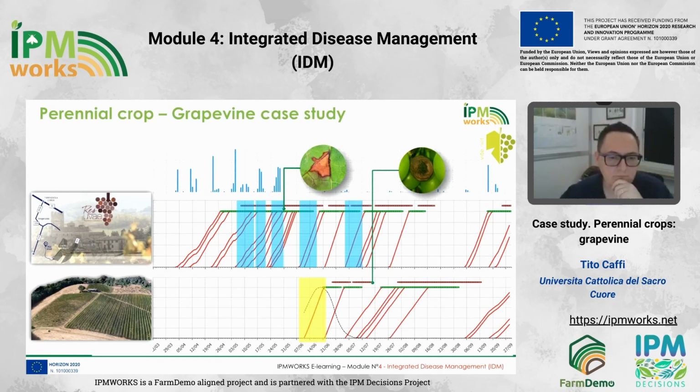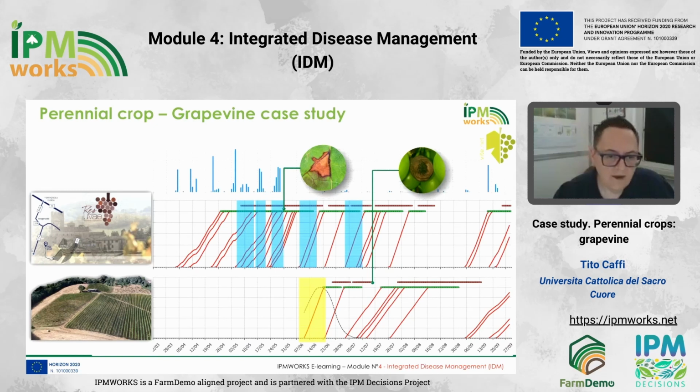With this information, we understand that if in our region we are used to this disease, we should apply a different product, or add a specific product that is efficient against the fungus causing black rot.